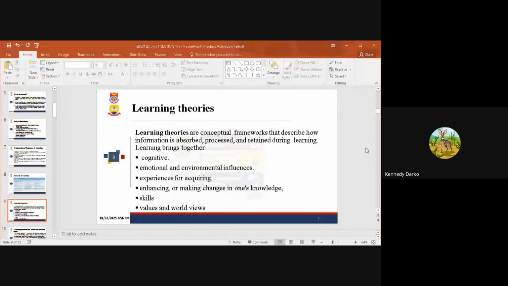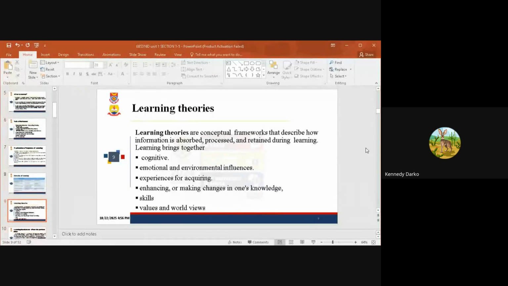The cognitive, which is the mind, will try to put certain things together. Then your emotions come into play. Then the environmental influence: which environment do you find yourself in? That environment will influence your situation, your emotions, your behavior.